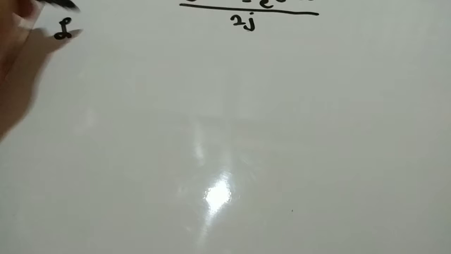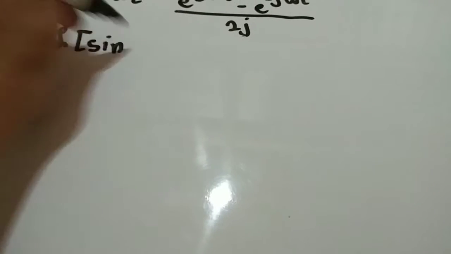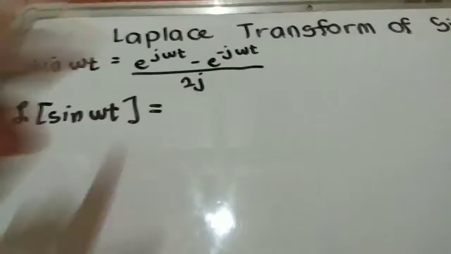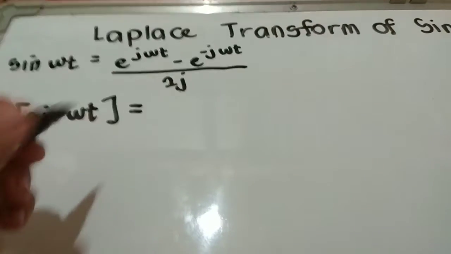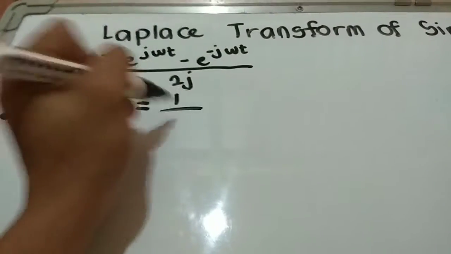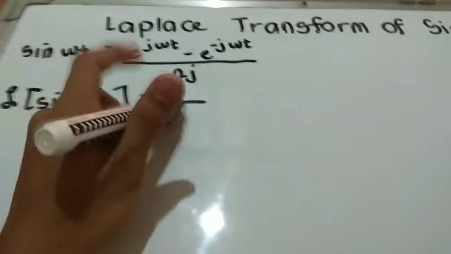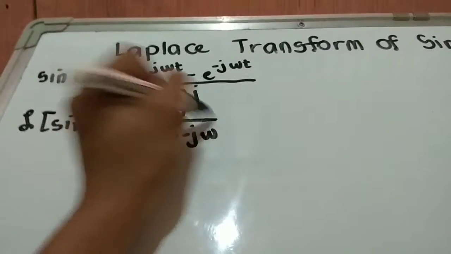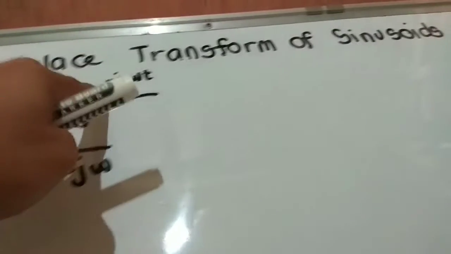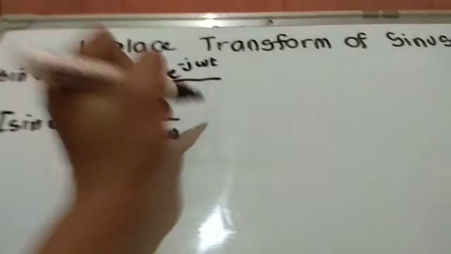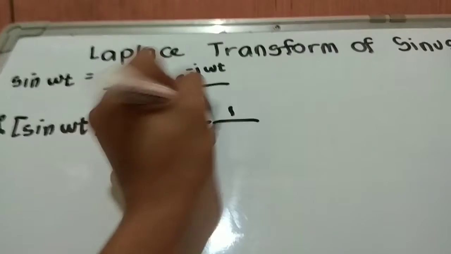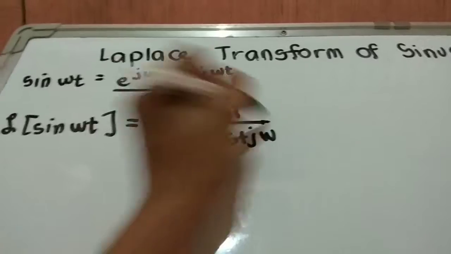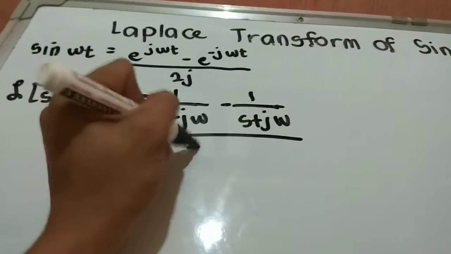The Laplace of sine omega t is equal to the Laplace of e to the power of j omega t, which is 1 over s minus j omega, and the Laplace of e to the power of negative j omega t is equal to 1 over s plus j omega, all over 2j.